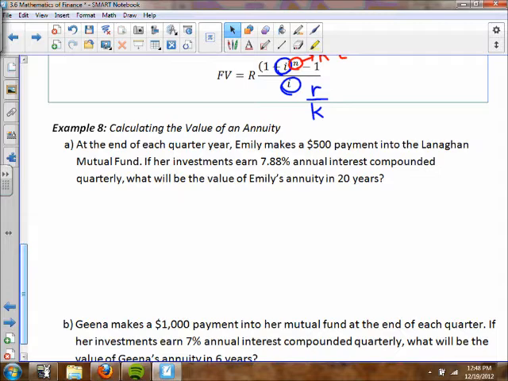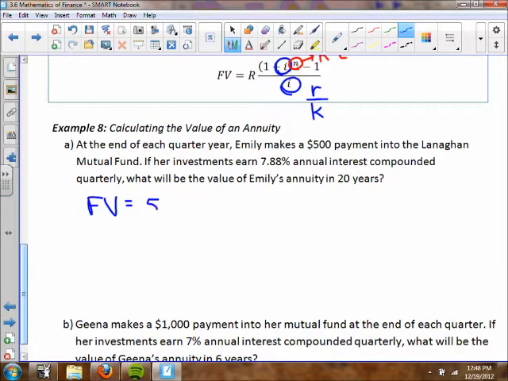So we look at this in example 8. At the end of each quarter year, Emily makes a $500 payment into the Lanigan Mutual Fund. If her investment earned 7.88% annual interest compounded quarterly, what will be the value of Emily's annuity in 20 years? So we're looking for future value.